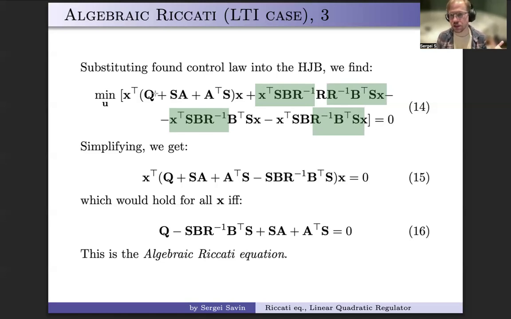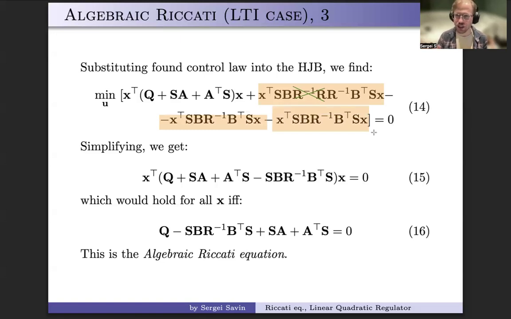So that's what we did. Next, we can simplify. Some stuff is very easy to simplify, like this R times R inverse goes away. Next, what we notice is that after we simplify that, we have 1, 2, and 3 parts of this equation which are exactly the same.